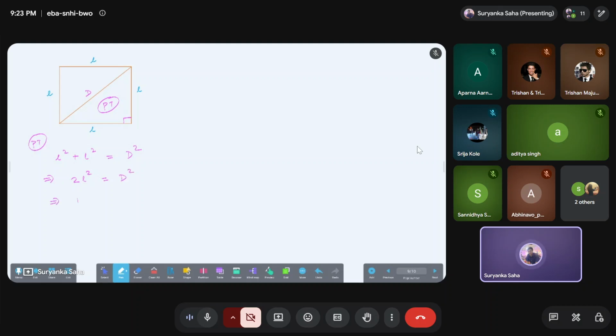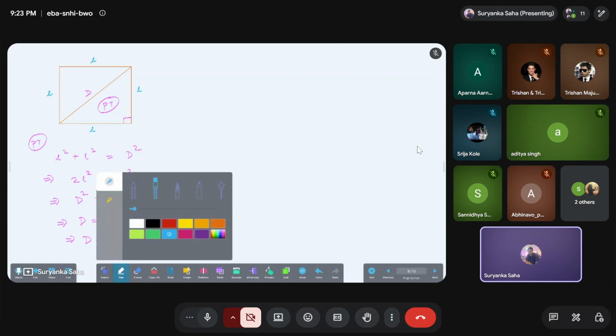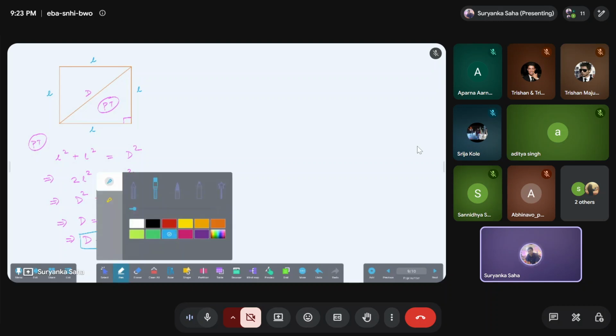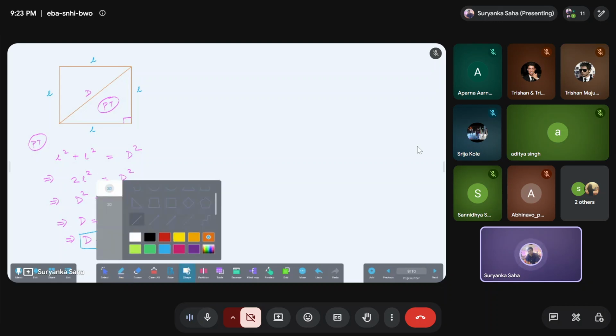So capital D will be root over 2L square, which is root 2 L. So these are the lengths of the diagonals, and you know in a square the diagonals are equal. So let me draw the other diagonal also.